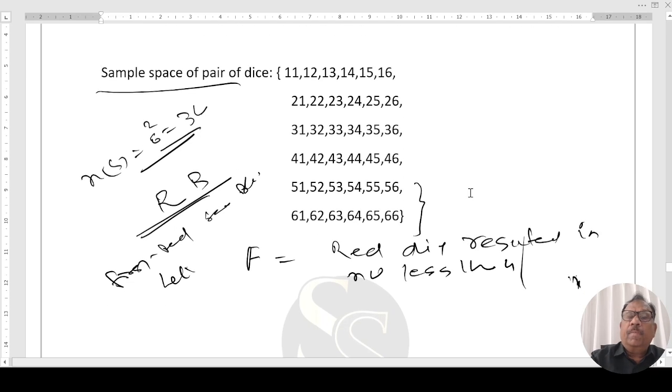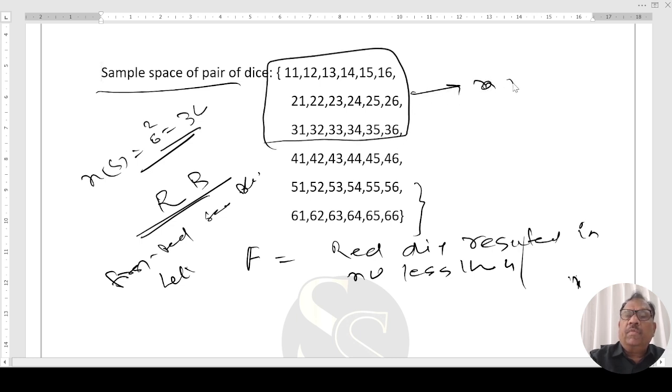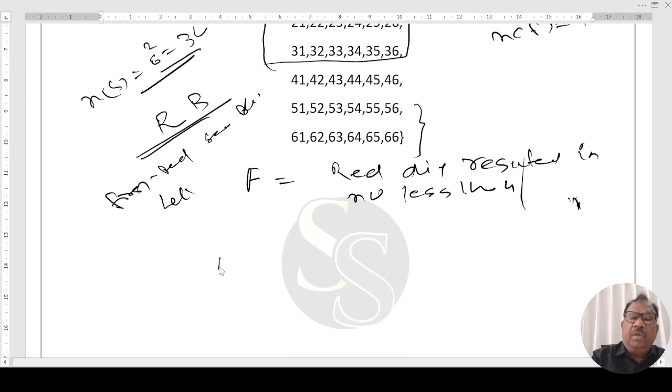Less than 4 means these are the favorable. This is F. n(F) is 18. Right? And E is the E intersection F.